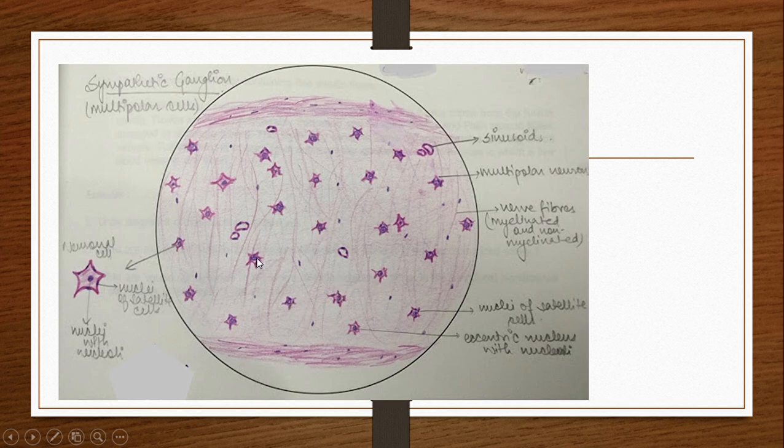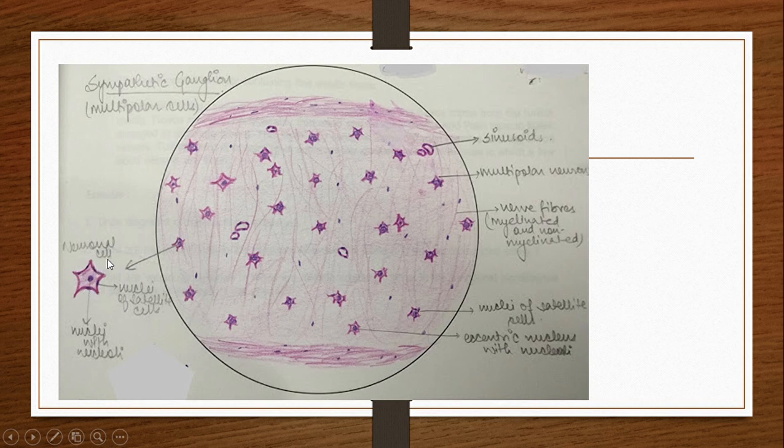Eccentrically means not at the center. In this diagram we can see the single neuron has a nucleus with a nucleolus in it, present eccentrically, towards one side, not at the center. It is a rounded nucleus, but eccentrically placed, and the neurons can be seen with satellite cells.